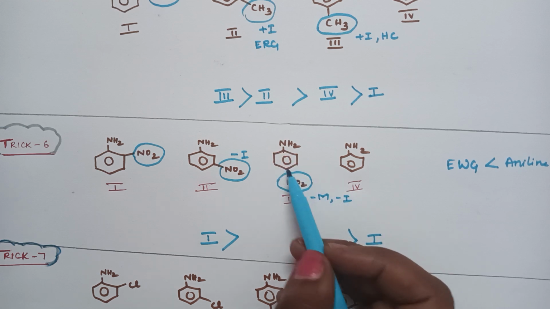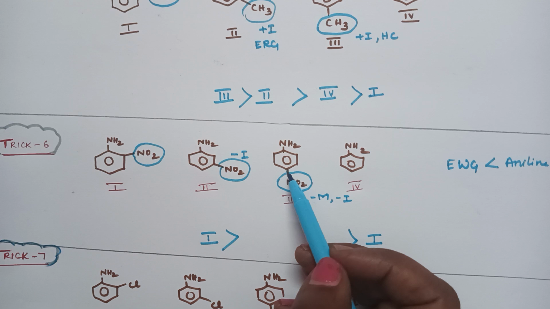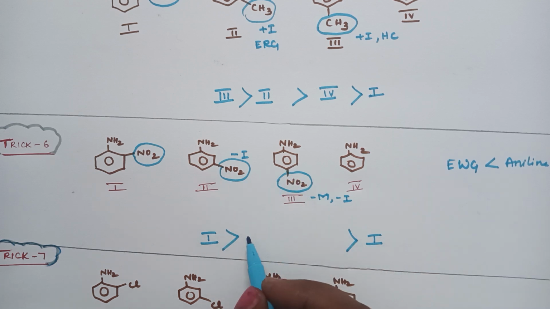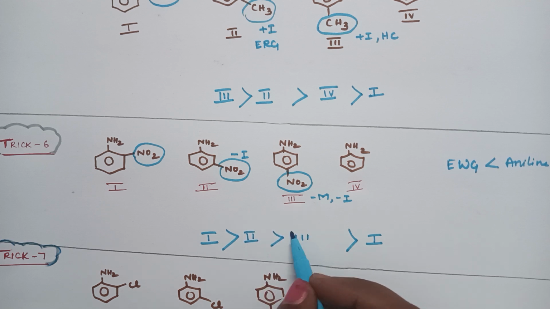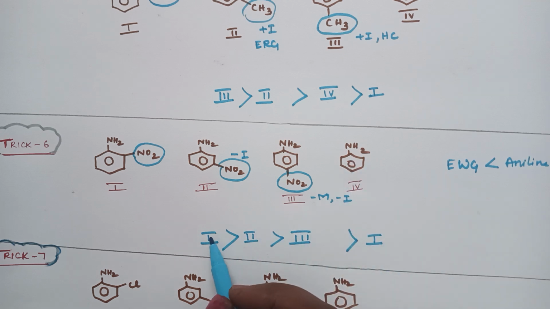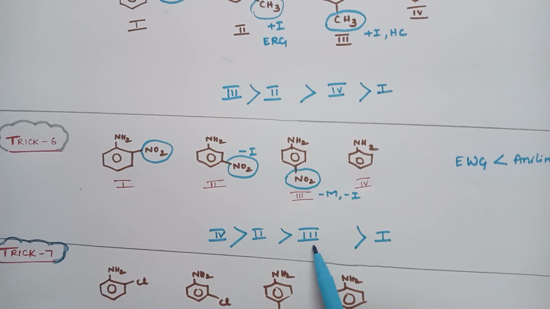So the strength is more here. Because the strength is more, it is less basic when compared to this structure. So here second and then third. Sorry, here aniline will come in this position. So 4, 2, 3, 1 is the order.